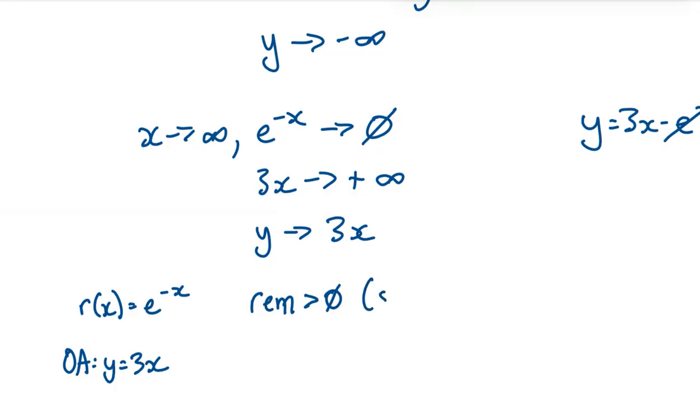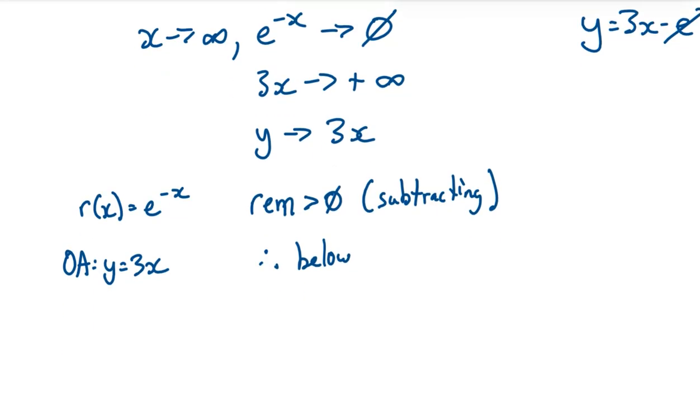But I'm subtracting it. So I'm going to be below the oblique asymptote. Oh, why?